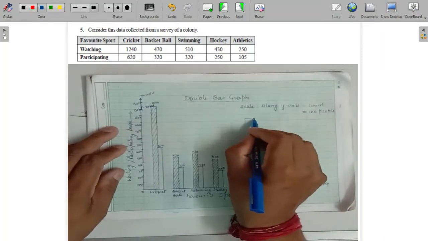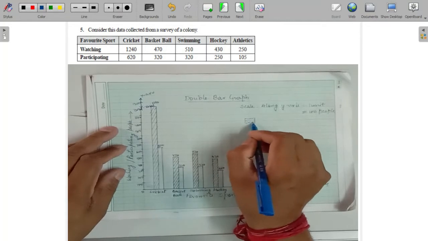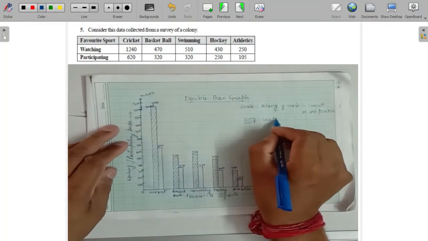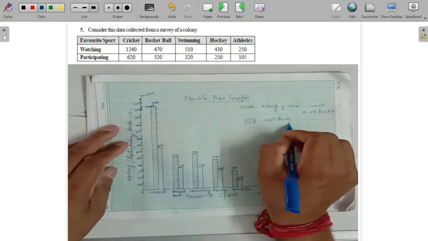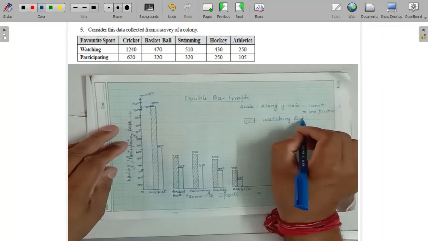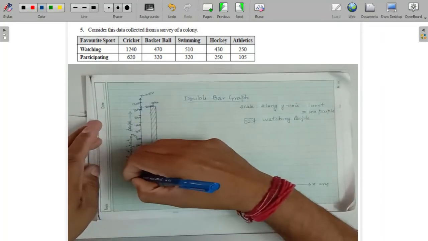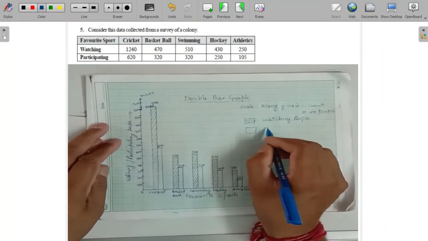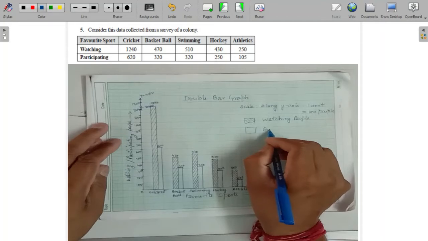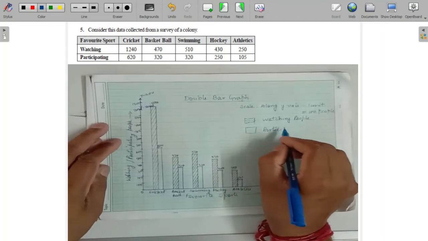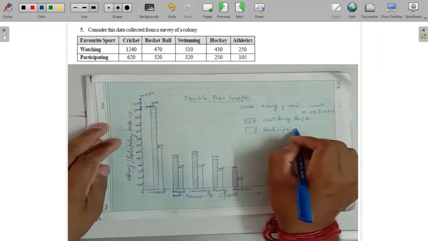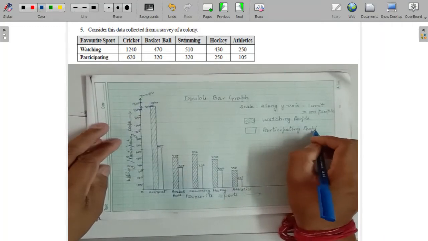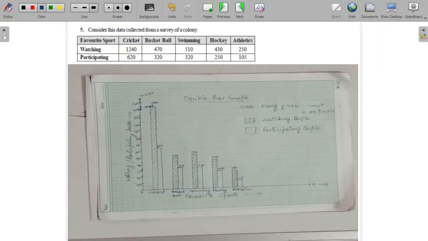Then we have set the rectangle. The shaded rectangle represents watching people. And non-shaded rectangles represent participating people. So this completes your double bar graph.